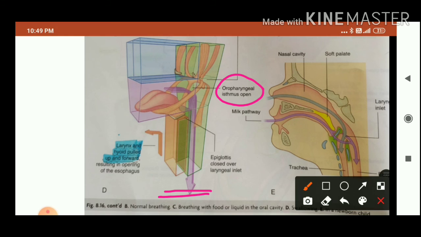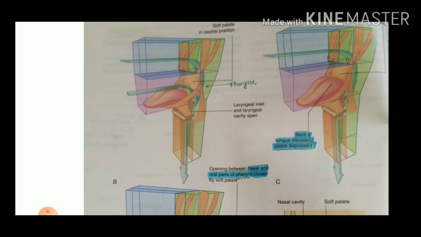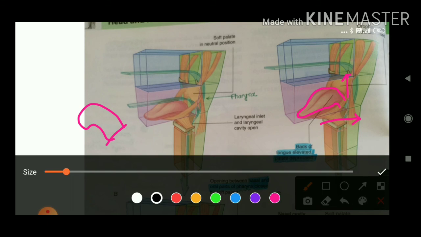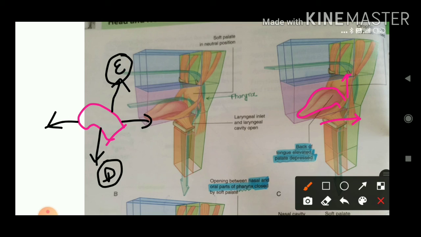You can see here that when the oropharyngeal isthmus is closed, the tongue is elevated and retracted. The movements we take into account are elevation, depression, protrusion and retraction.